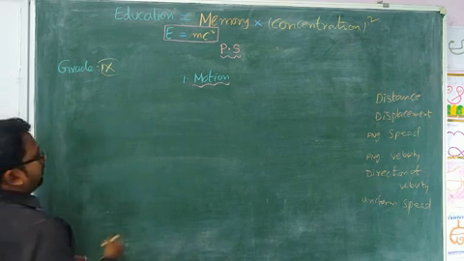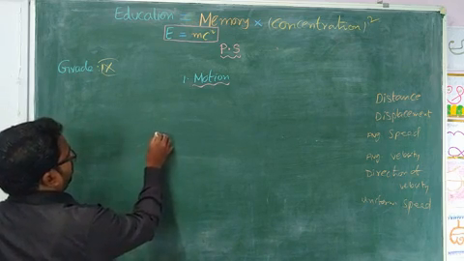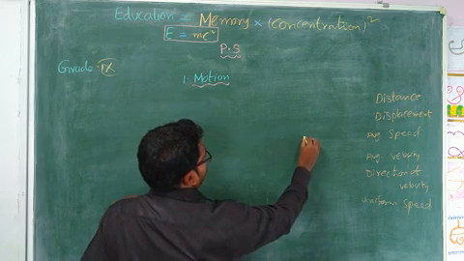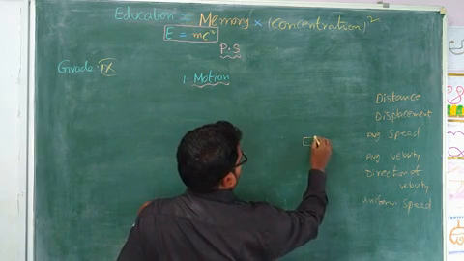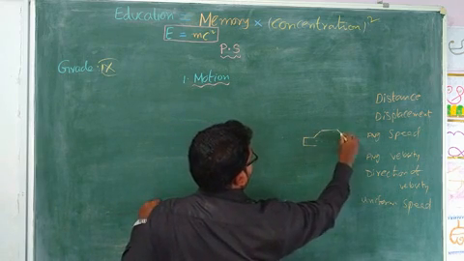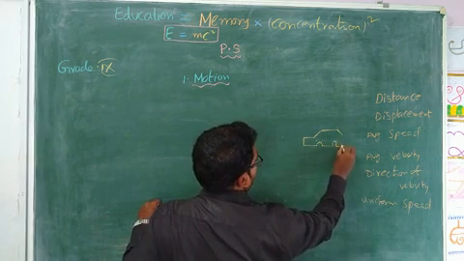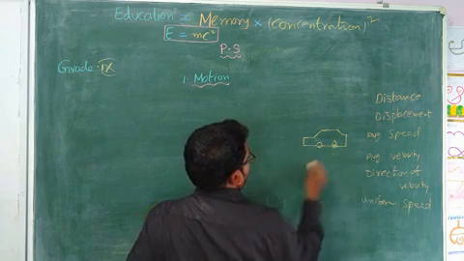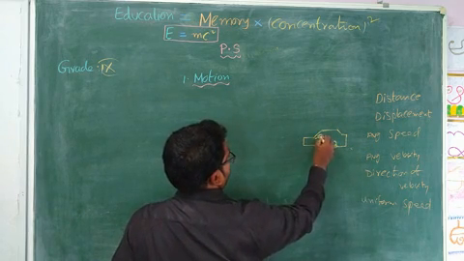For example, maybe a car. A car is moving on the surface of this road.